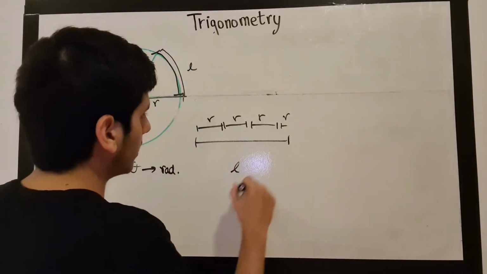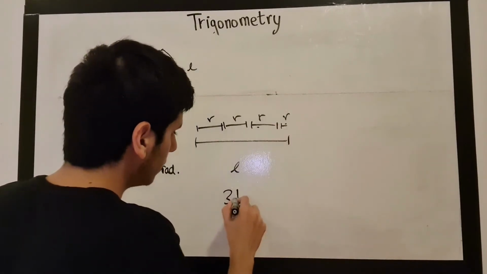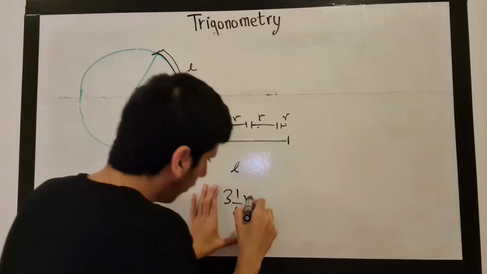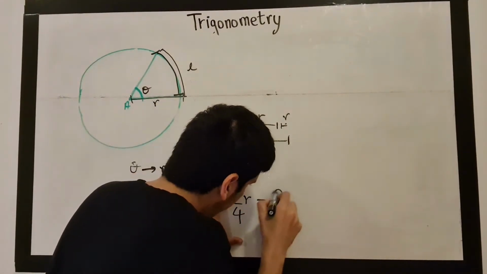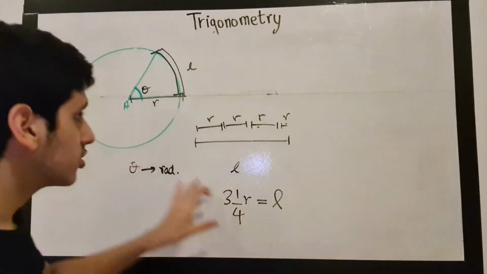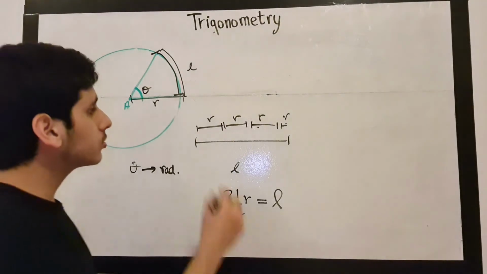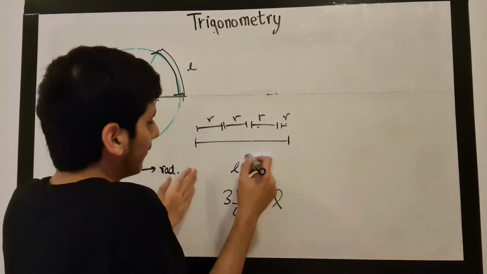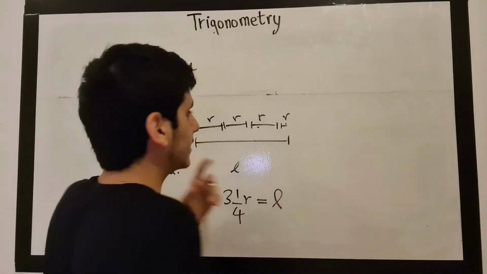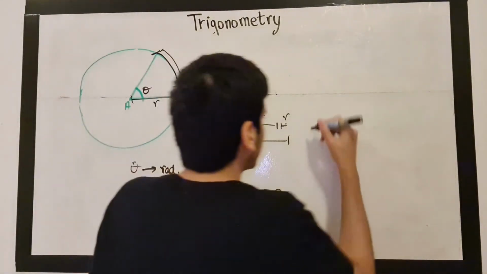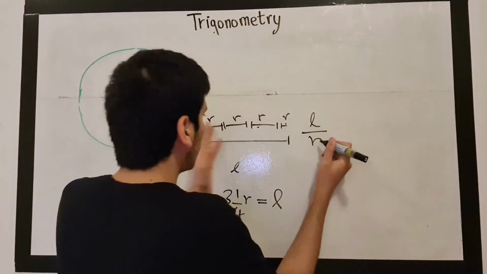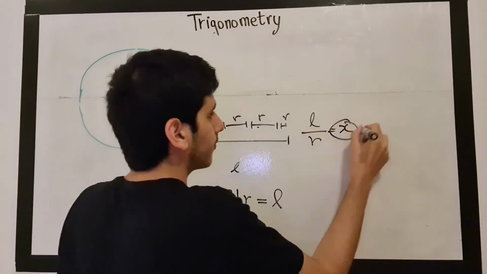So it'll fit 3 1/4 times, right? 3 1/4 of R equal to L. So L would be basically divided by R into, let's say, x number of times, okay? So L, we divide it into R x number of times, okay?